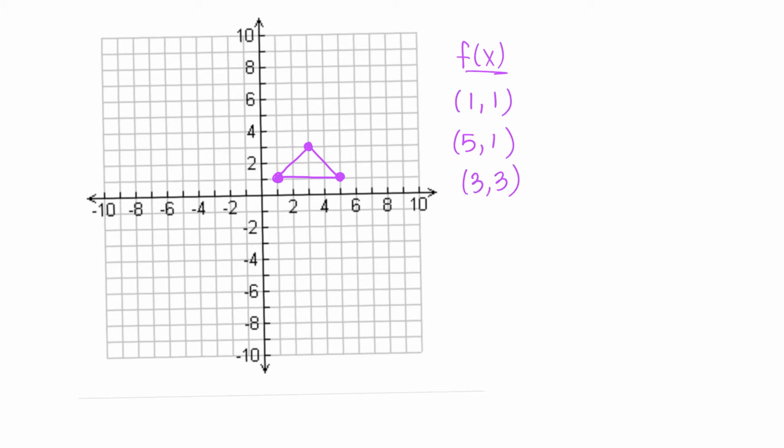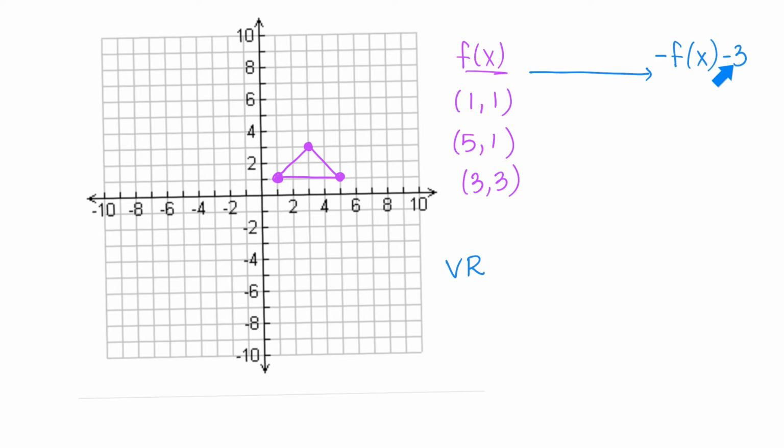Let's say we are going to transform this, and we want negative f of x minus 3. First I'm going to think to myself, what transformations do I have? Well, I have a vertical reflection, that's this negative.